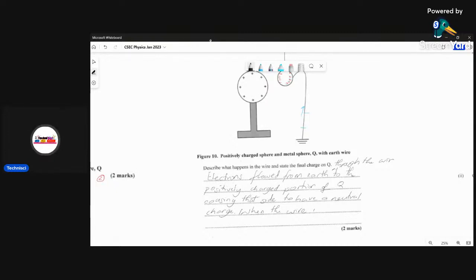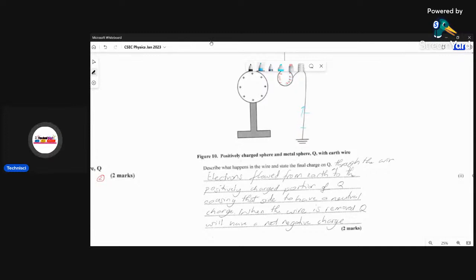When the wire is removed, Q will have a net negative charge. And that's your answer for 2 marks.